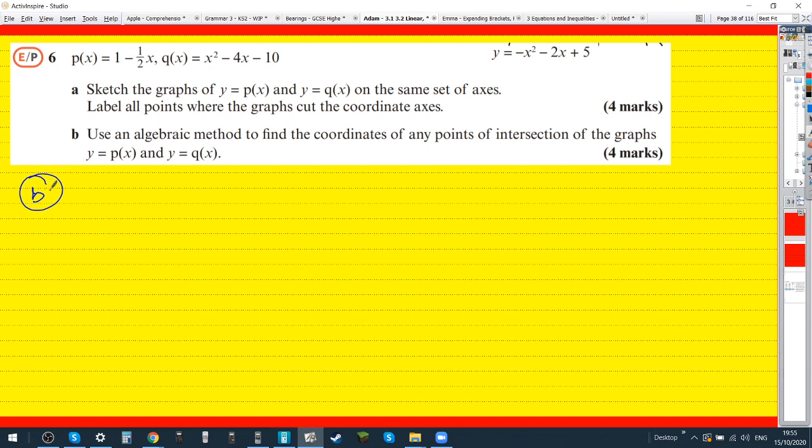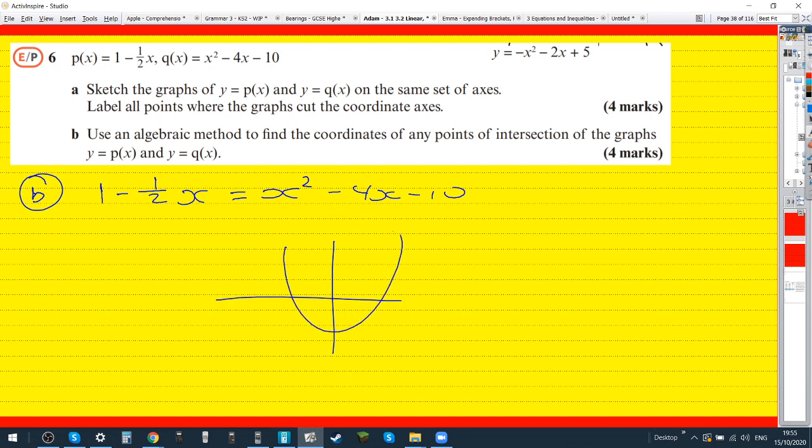Did you write out 1 minus a half x is equal to x squared minus 4x minus 10? Yeah, and then you solve it from there. On the same axes, you sketch that one.